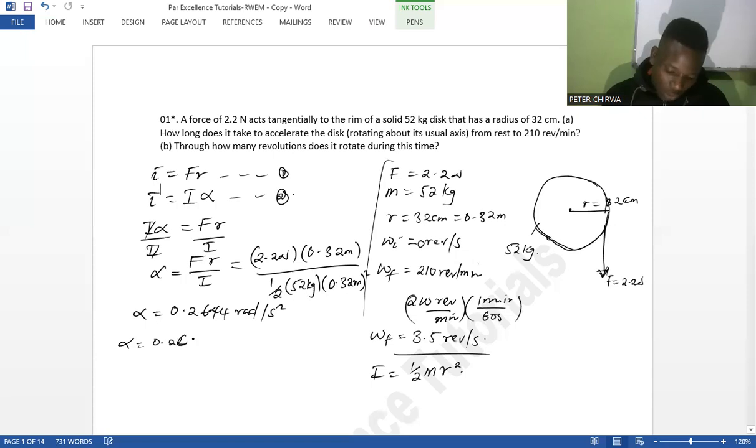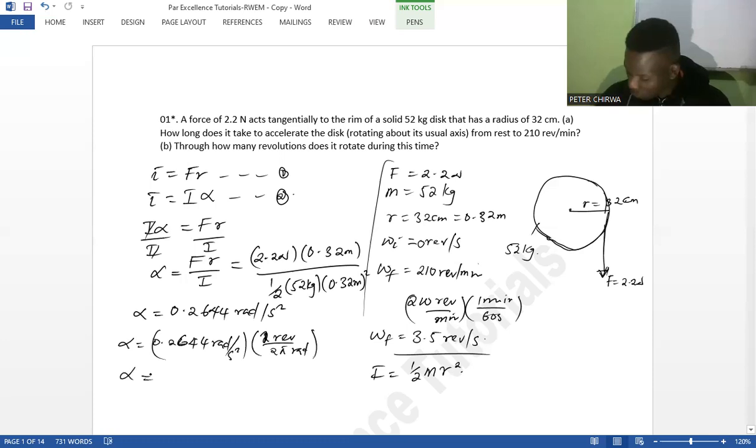So the conversion factor as well, what we know? We know that one revolution is 360 degrees, which is equal to 2 pi rad. So we know that 1 revolution is equal to 2 pi rad.